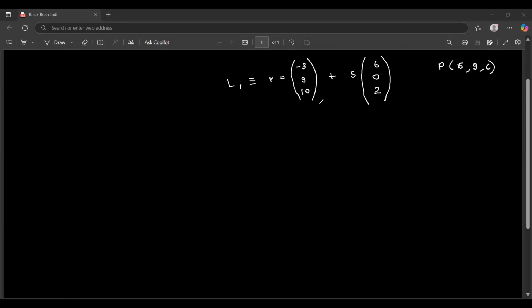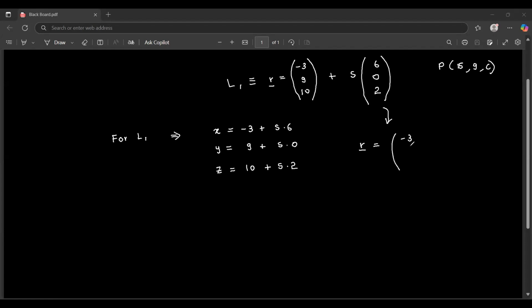First of all, we will derive the parametric equations for L1. For L1, the parametric equations are: x equals -3 plus s times 6, y equals 9 plus s times 0, and z equals 10 plus s times 2. How did I arrive at this? Well, we can break this down. r equals (-3, 9, 10) plus s times (6, 0, 2).